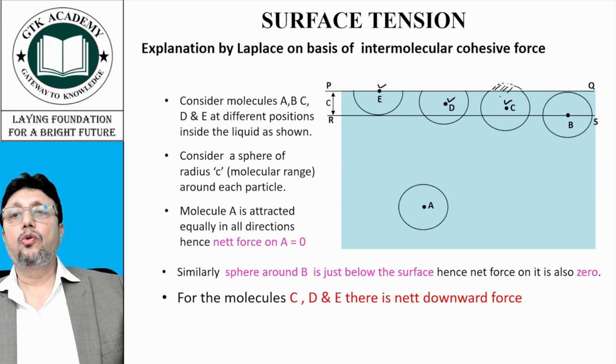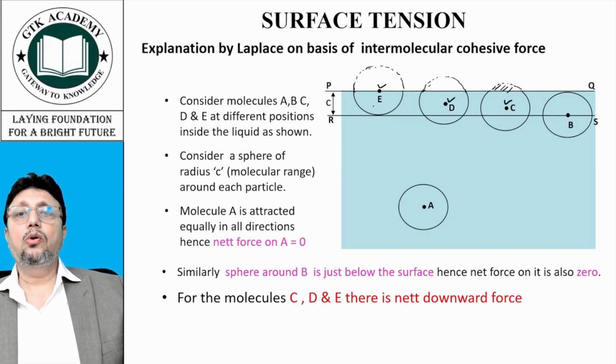So there is a resultant force downwards, which is even more for molecule D. And definitely for E, there is a full hemisphere which is cut, right? And E cannot go further unless it goes out of the liquid. This is the maximum limit it can go, right? So whether it is molecule E, D, or C, on all these molecules, there is a net force downwards.